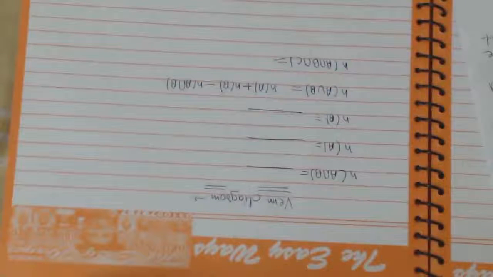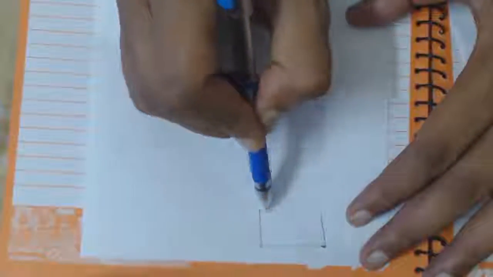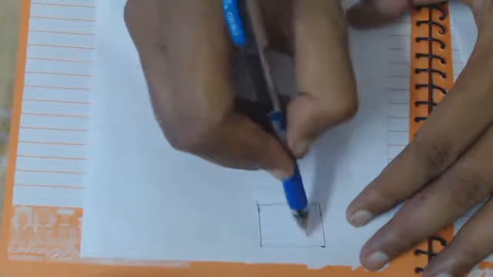Okay, now when I make the Venn diagram, it looks like this.